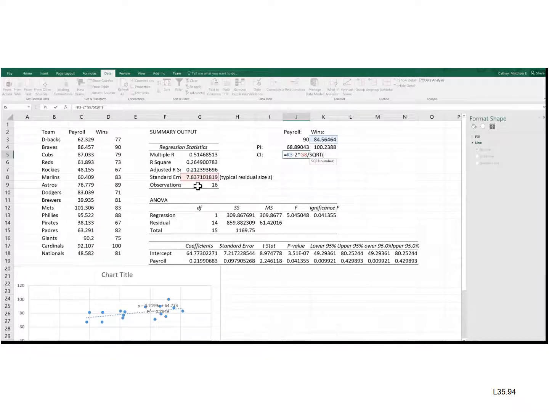And the size of the sample is here in the number of observations. And for the upper limit, we'll do the same thing except with a plus, equals the center plus 2 times the standard error divided by the square root of the sample size.